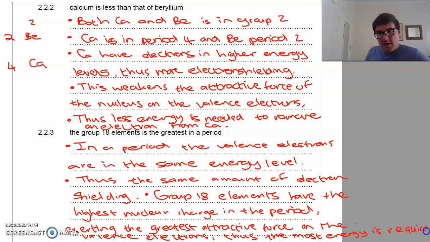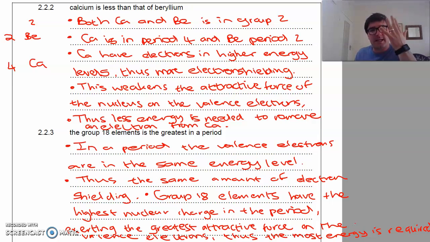Okay, so to run through this answer, in a period the valence electrons are on the same energy level, the same amount of electron shielding. The group 18 elements will have the greatest nuclear charge of all the elements in the same period. This means it will exert the greatest attractive force on the valence electrons.